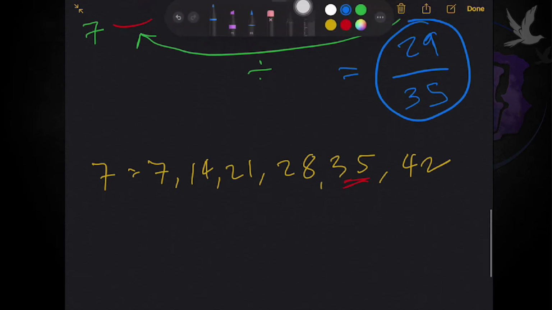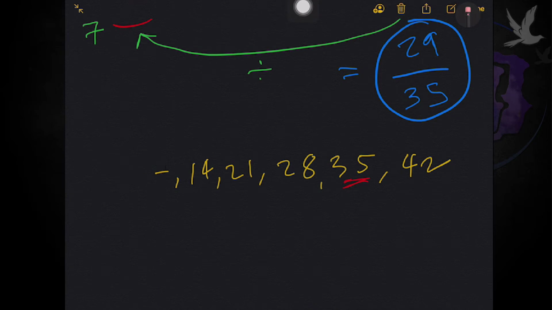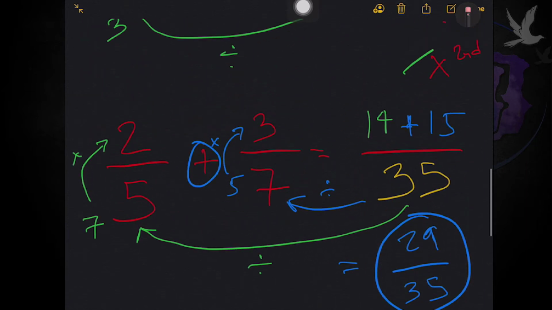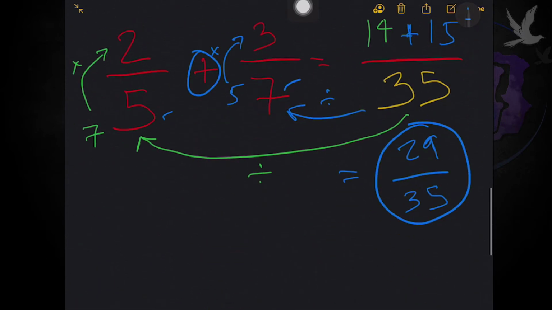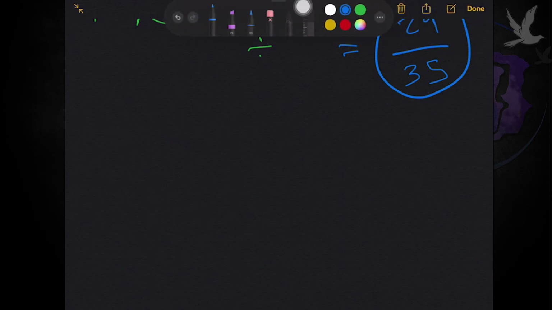Ngayon, just to prove it to you, kasi sabi nyo, Teacher Mark, pwede na naman natin i-times ngayon. If you observe, 5 times 7 will give you 35. 4 times 3 gives you 12. So parang madali lang hanapin, pero no, it's not always that way.